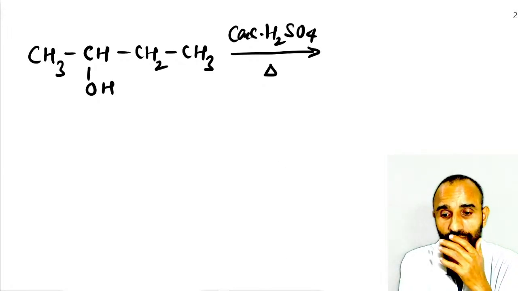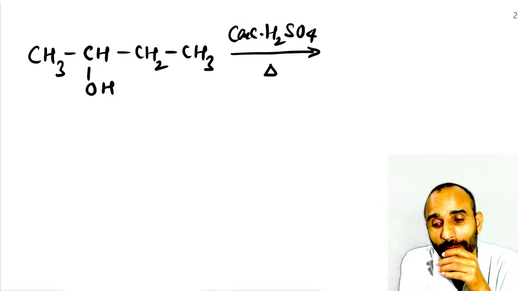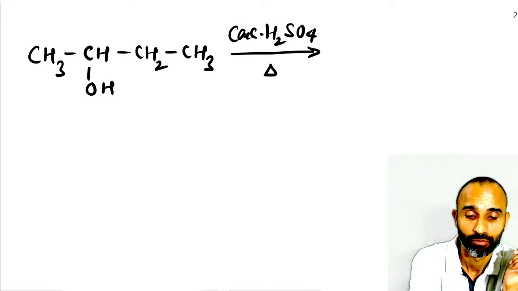Sir, But-2-ene is formed 81% and But-1-ene is formed 19%. Why? Why is it so?